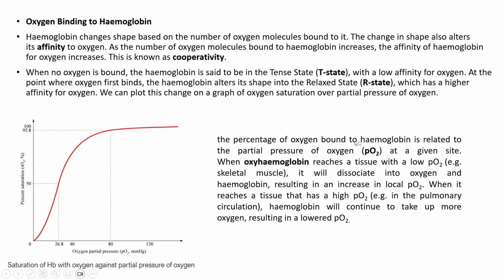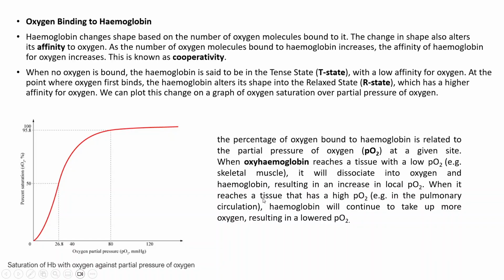The percentage of oxygen bound to hemoglobin is related to the partial pressure of oxygen, your PO2, at a given site. When oxyhemoglobin reaches a tissue with a low PO2, for instance in your skeletal muscles, it will dissociate into oxygen and hemoglobin, and this releases the oxygen, leading to a local increase in PO2.